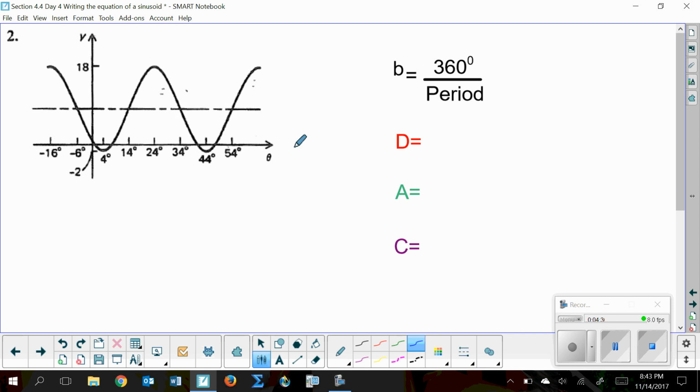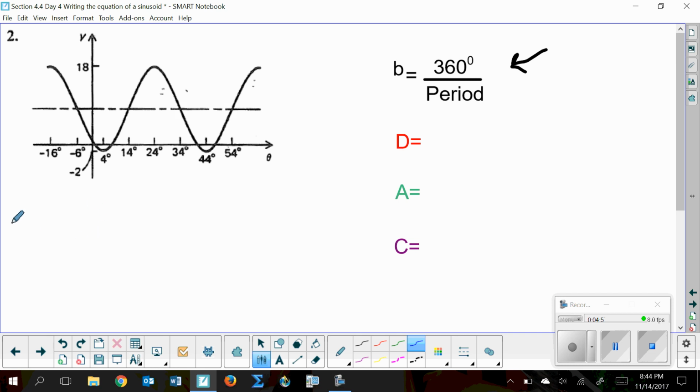The first thing you should notice is that your x-axis is in terms of degrees, and that's why we're using this formula here, which is b equals 360 degrees divided by your period. So let's look really quick and ask, what's the period here?